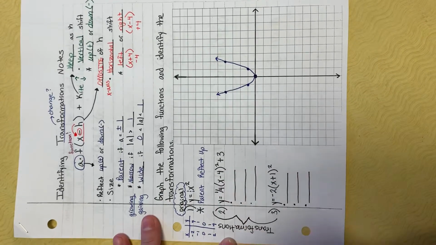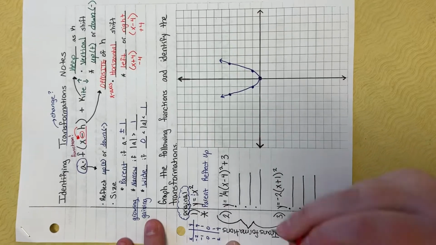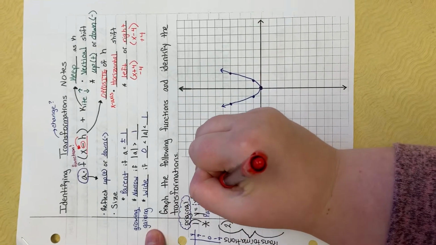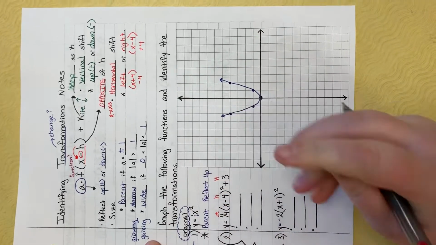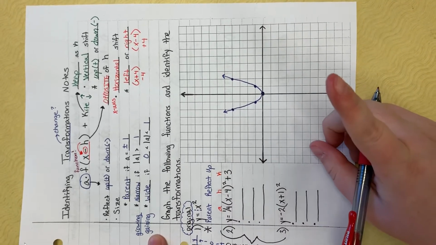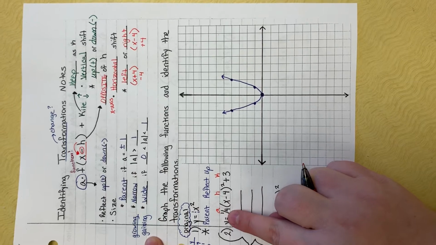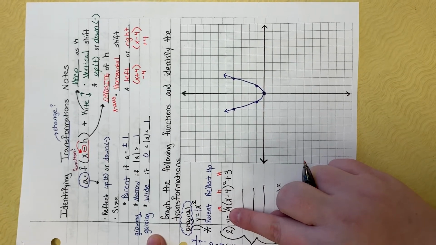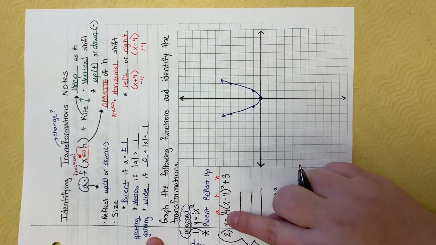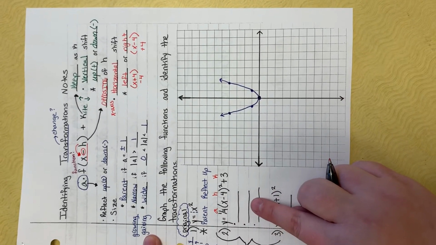Okay, looking here, I have a, h, and k. We're identifying what will change, not just what will be there. So right here, a is still positive, so it should still reflect up. That's not a change, so I don't identify it as a transformation.